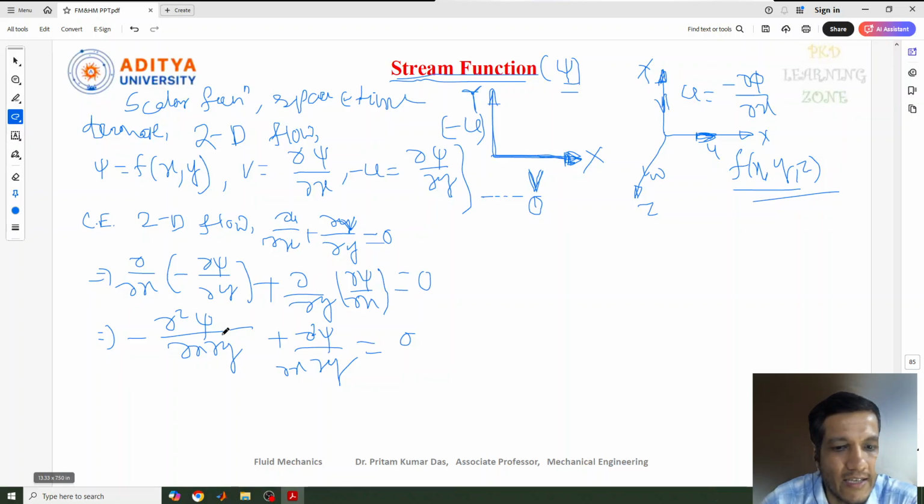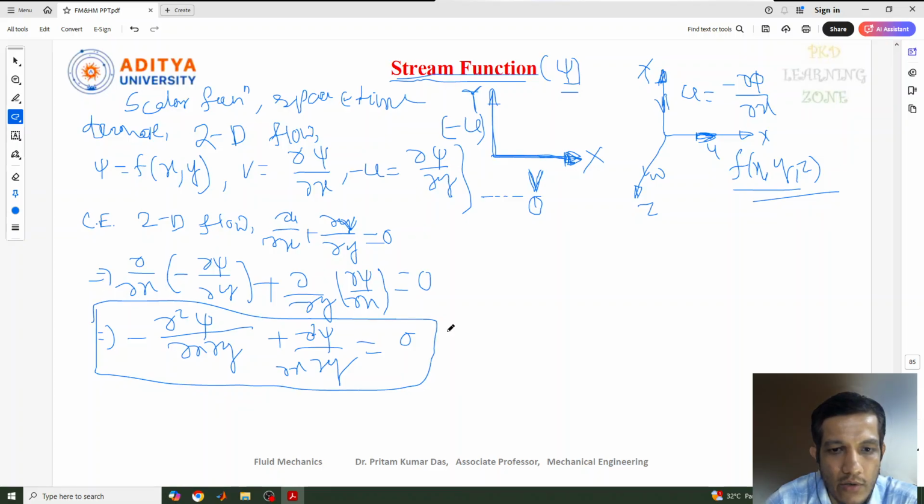So you can say this is 0 actually. What we can say from this is the existence of this psi, that means the possible case of fluid flow. The flow may be rotational or irrotational, correct? That is based on the conditions.